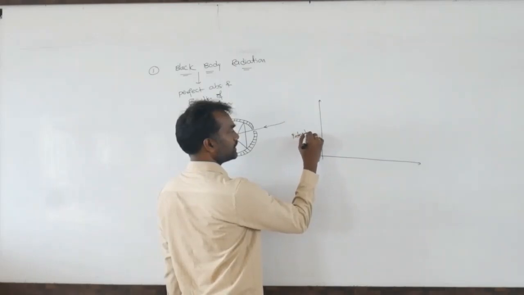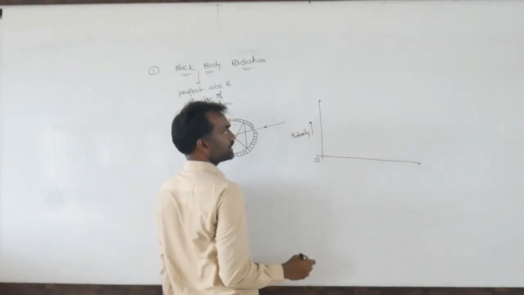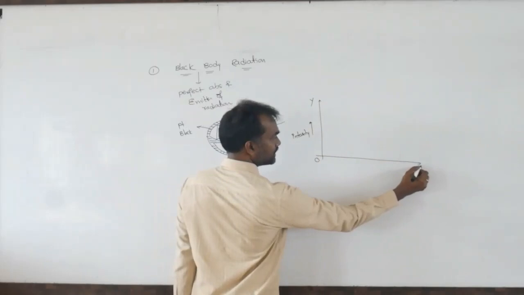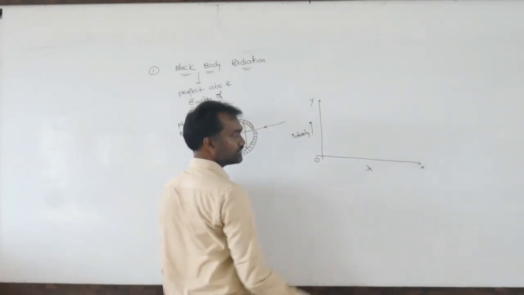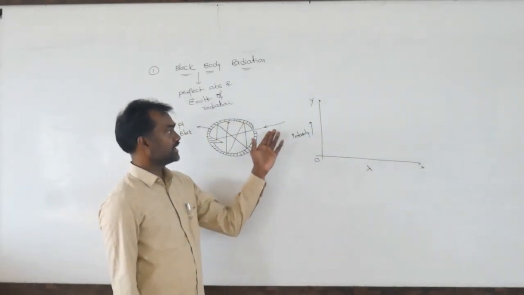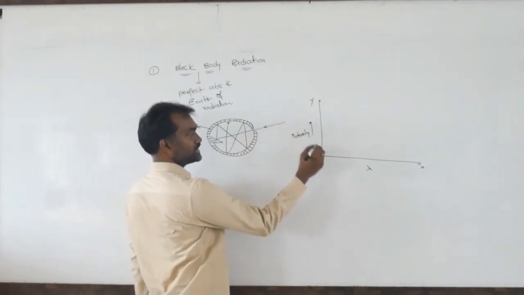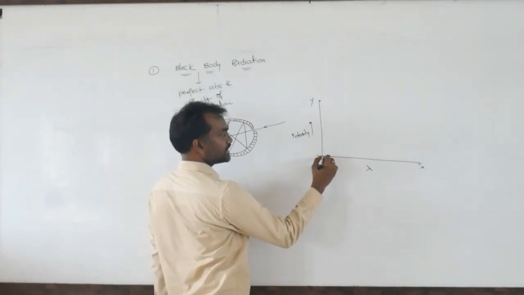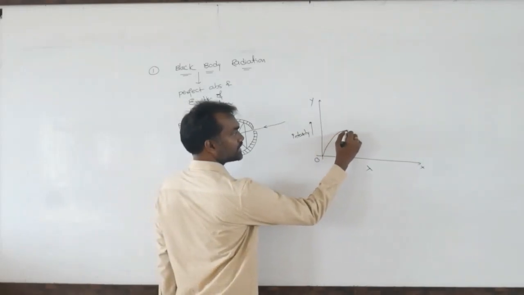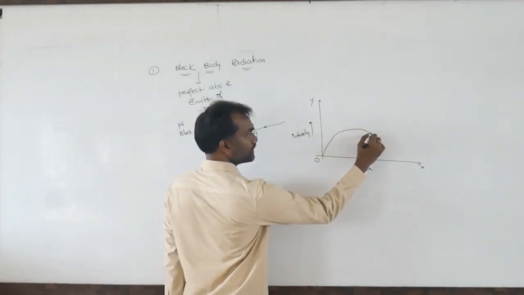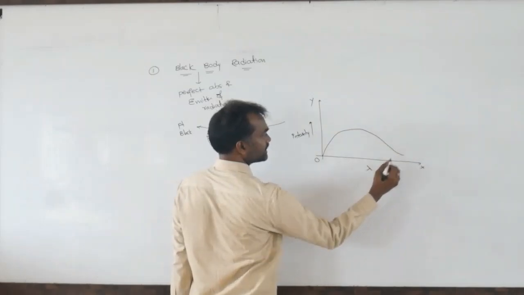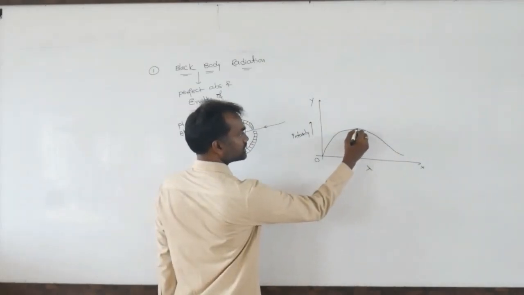Intensity of light is taken on the y-axis, and wavelength on the x-axis. As the wavelength increases, the intensity gradually increases and reaches a maximum, and after that it decreases. So that is the maximum.